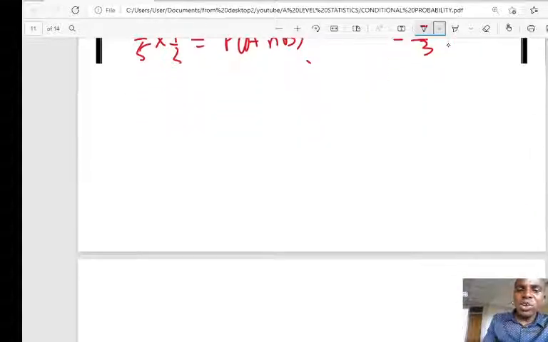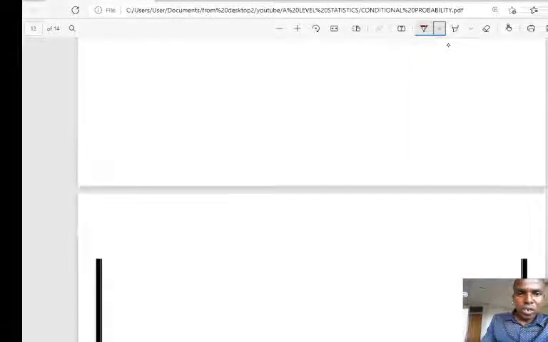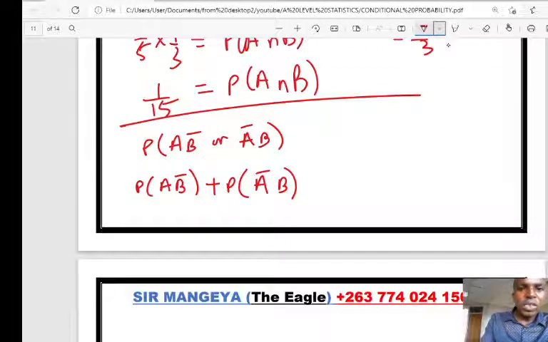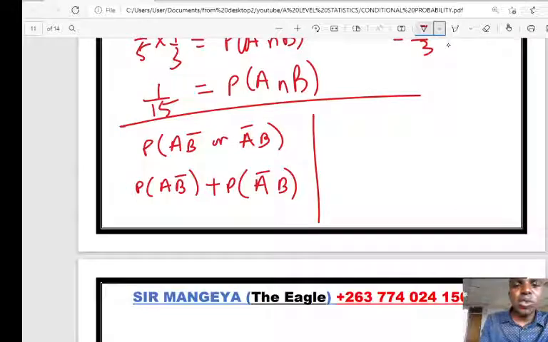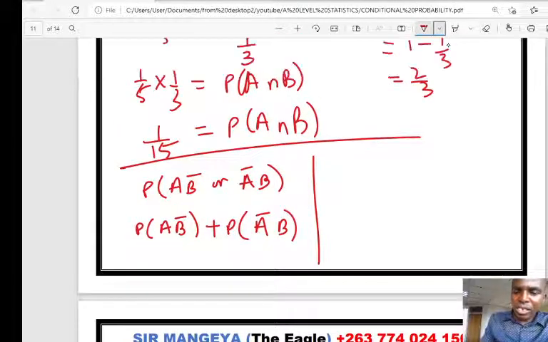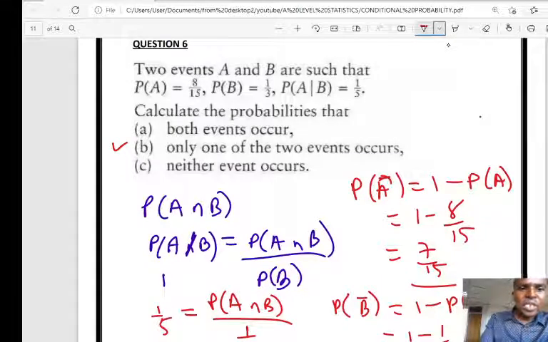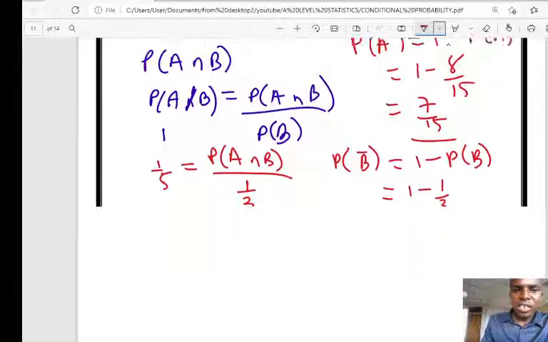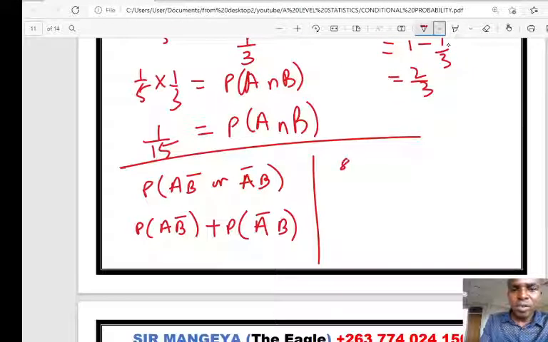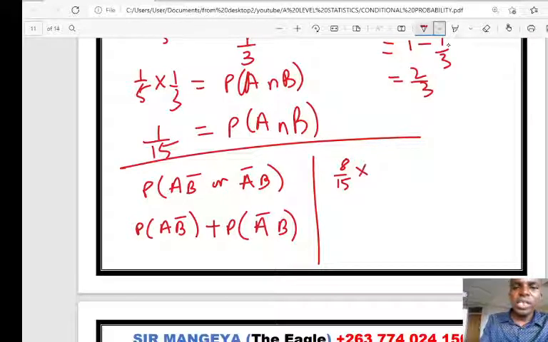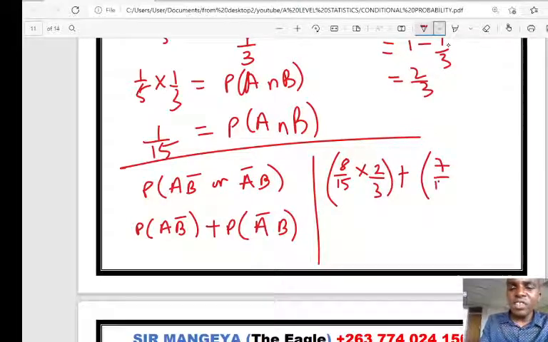Then substituting, A is 8 over 15 times not B, 2 over 3, plus not A, 7 over 15, times B, which is 1 over 3.